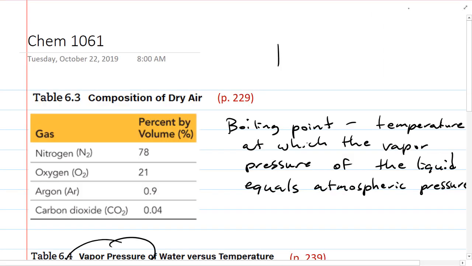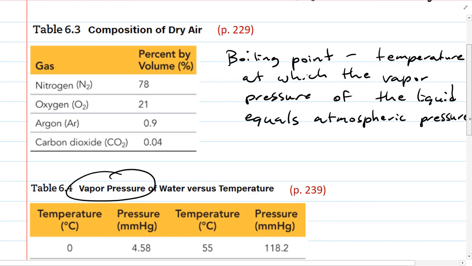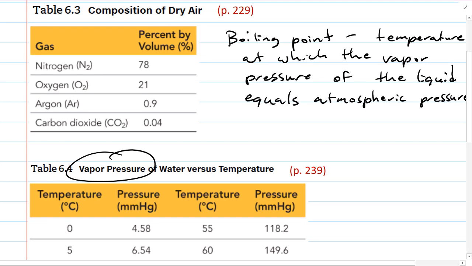So the total pressure would be equal to the pressure of hydrogen that you're collecting plus the partial pressure of any water vapor that's contained in there. And we refer to that water vapor pressure as being the vapor pressure right here. And that'll depend upon the temperature.